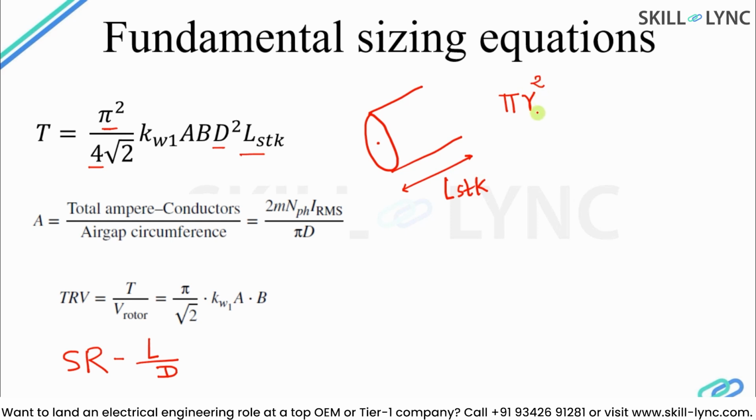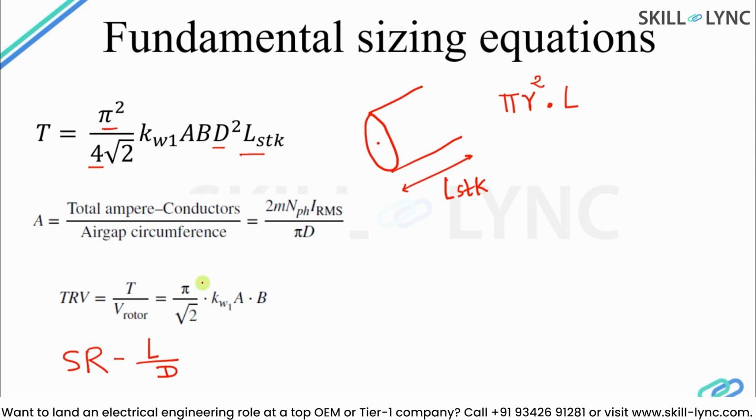If I replace R as D by 2, it will be D square by 4 multiplied with length. So this is going to be the overall volume of this cylinder. Here, if we take the torque with the rotor volume, then TRV becomes this value.